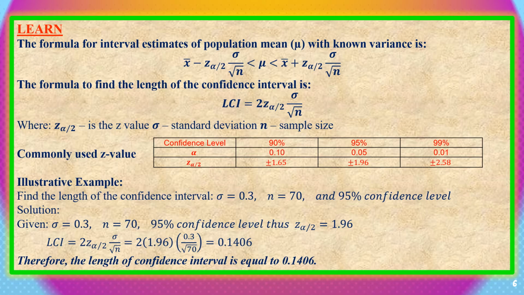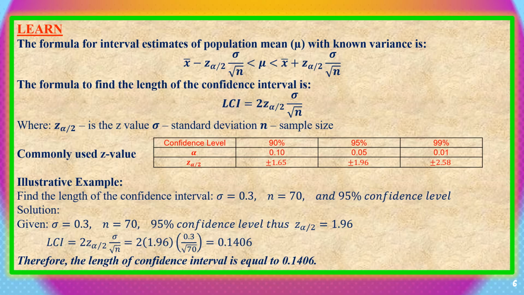Now you might be wondering how to obtain that value. You just made use of a scientific calculator, and I'm warning you, you have to use appropriately the grouping symbols so that you would arrive at the correct answer. So with that, you could say that the length of the confidence interval is equal to 0.1406.